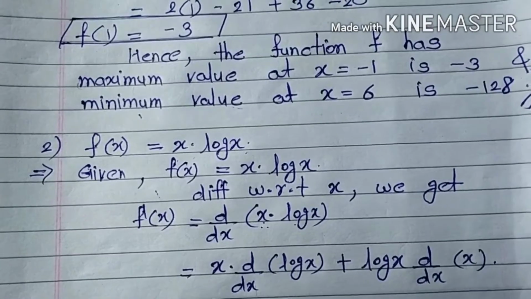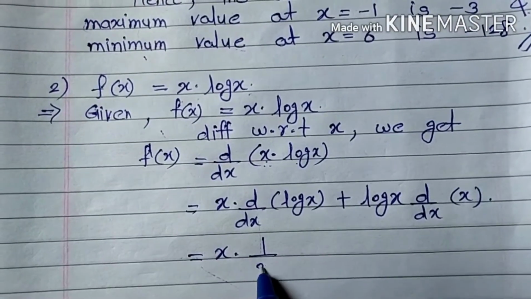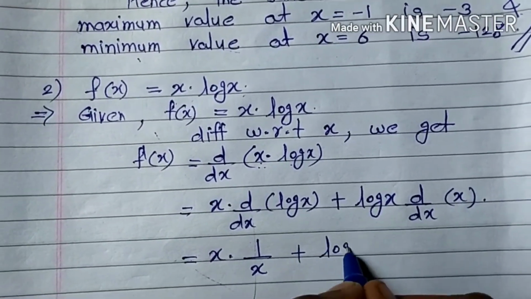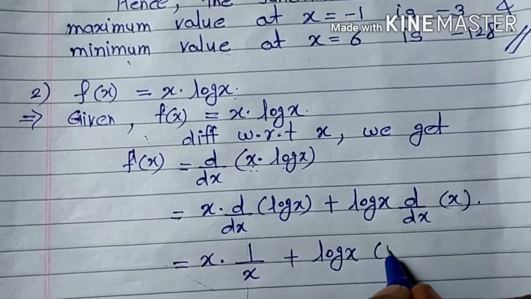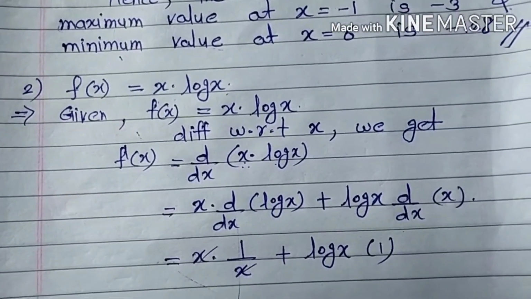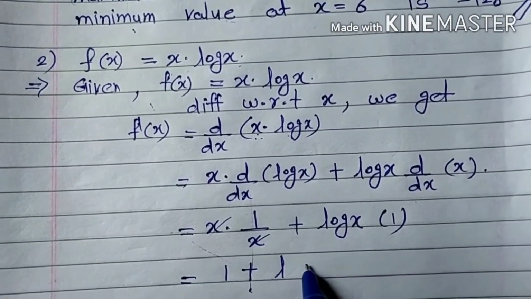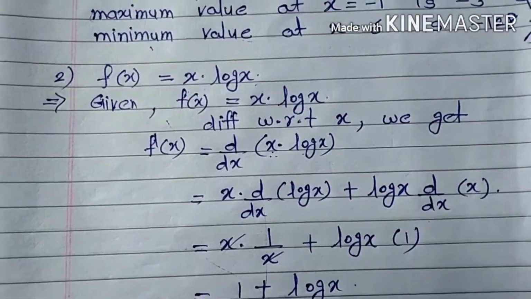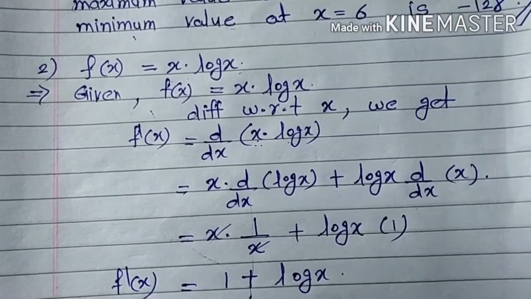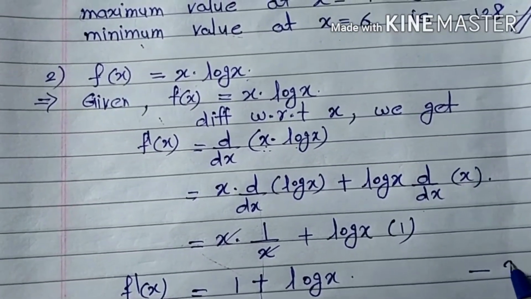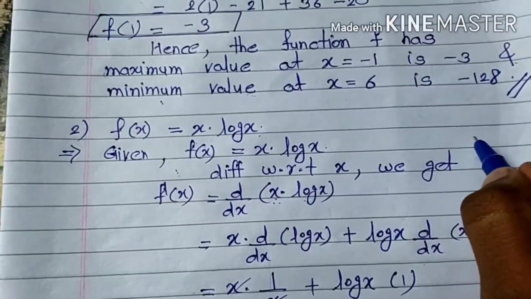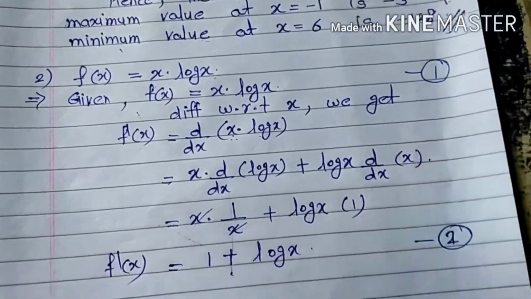So x into derivative of log x is 1 upon x plus log x, derivative of x is 1. So x and this x get cancelled, only remaining 1 plus log x into 1 is log x. So f dash of x is equal to 1 plus log x. Give it equation second and give it equation first.